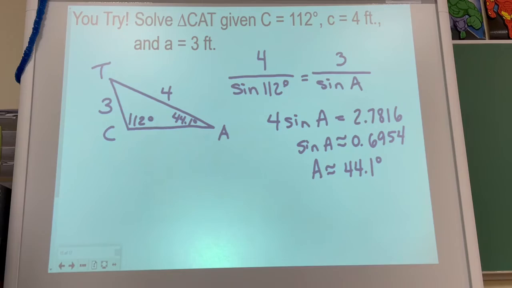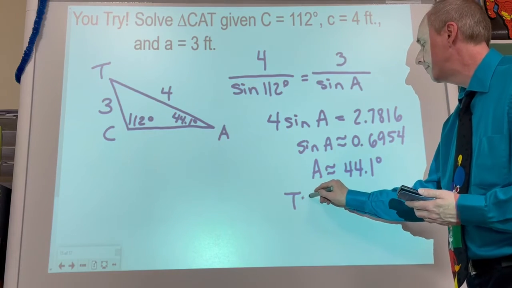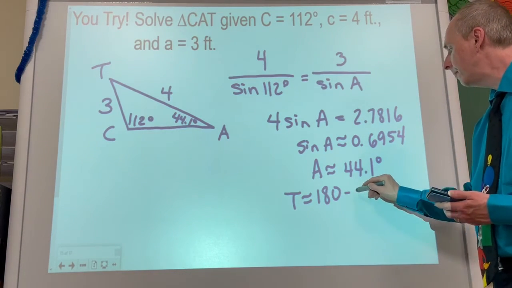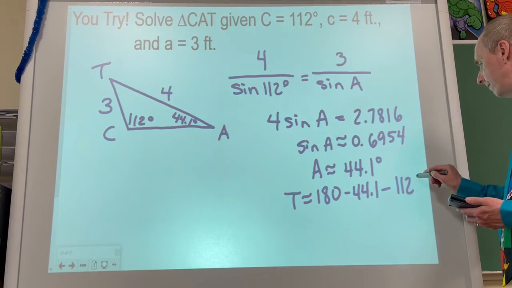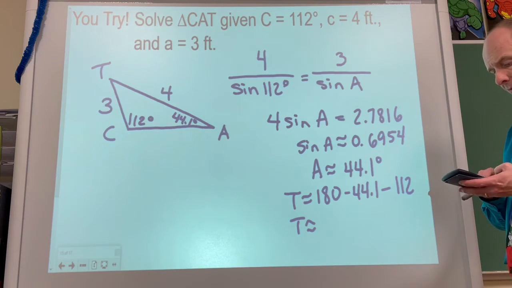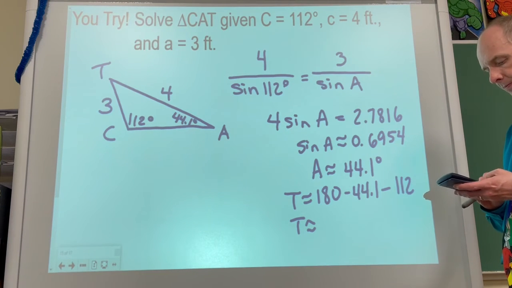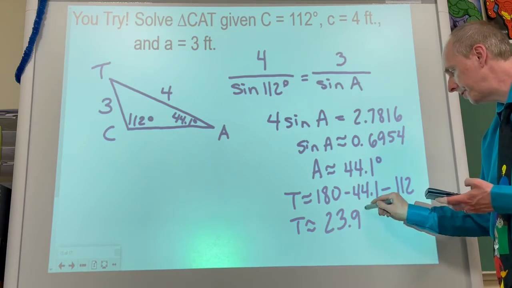Well, how big is angle T? 180 minus 44.1 minus 112. T is 23.9 degrees.